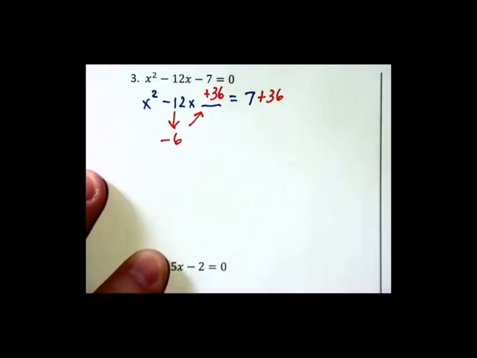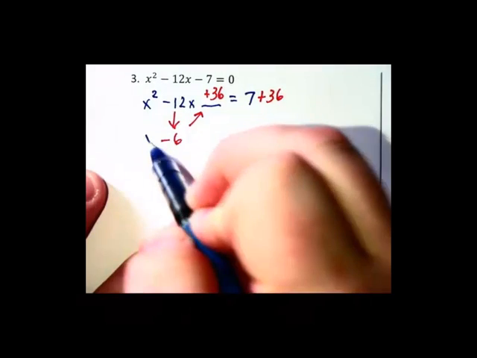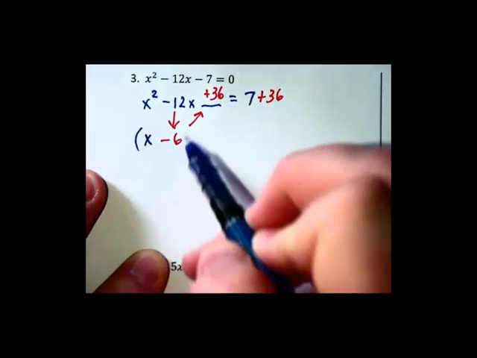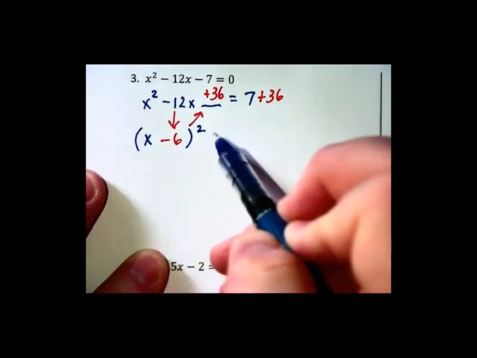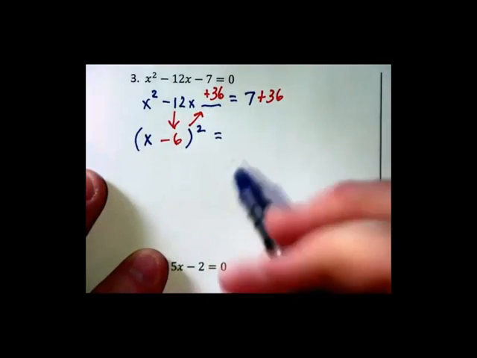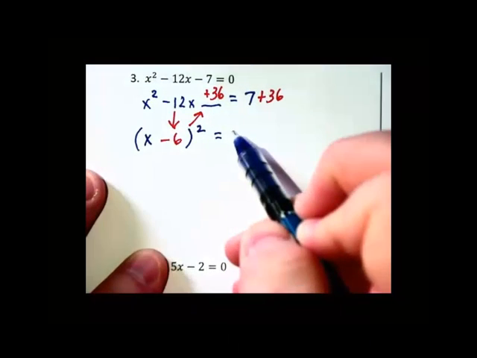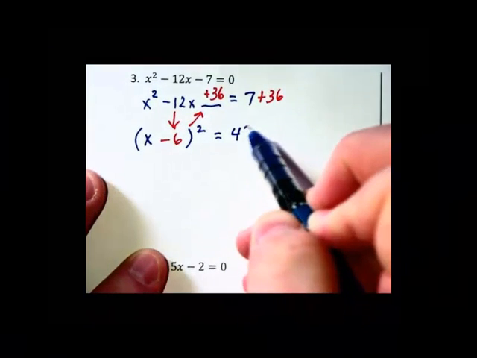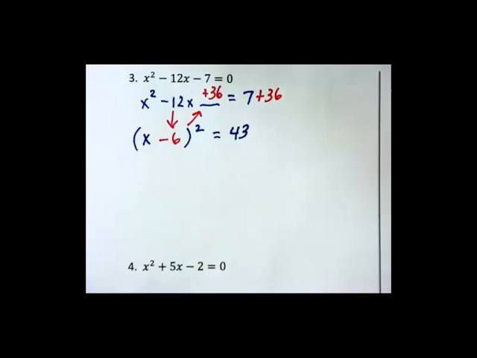Now we can put the x in front of the minus 6, parentheses around it, and a quantity squared, and we just take a moment to check that x minus 6 times x minus 6 multiplies to get to the line above. And on the right we add the 7 and the 36 together to get 43.